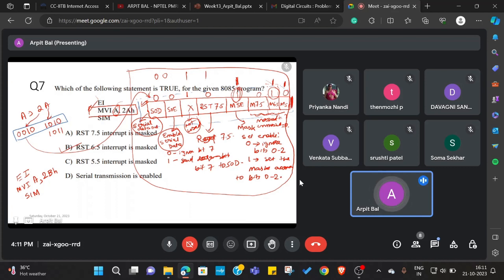Then the next bit was mask set enable. If it is 0, then it will ignore the rest of the bits to the right. If it is 1, then it will set the mask according to bits 0 to 2. Okay, so in our case 0010, it means nothing from this side.